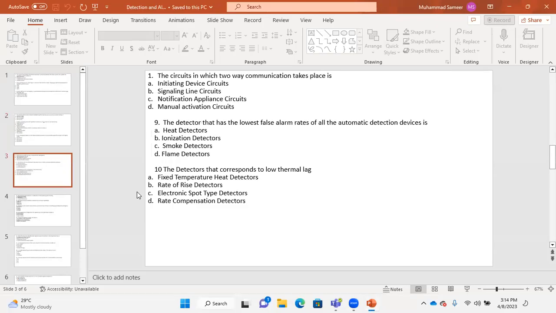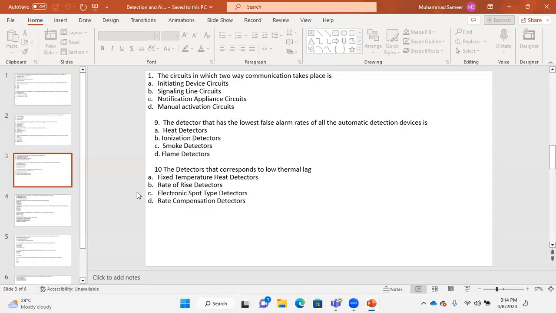The circuits in which two-way communication takes place is signaling line circuits, yes, in which we tend to communicate with the panel and the panel communicates with us. So any type of communication that takes place with the panel or the panel with the user, that type of circuit is a signaling line circuit.